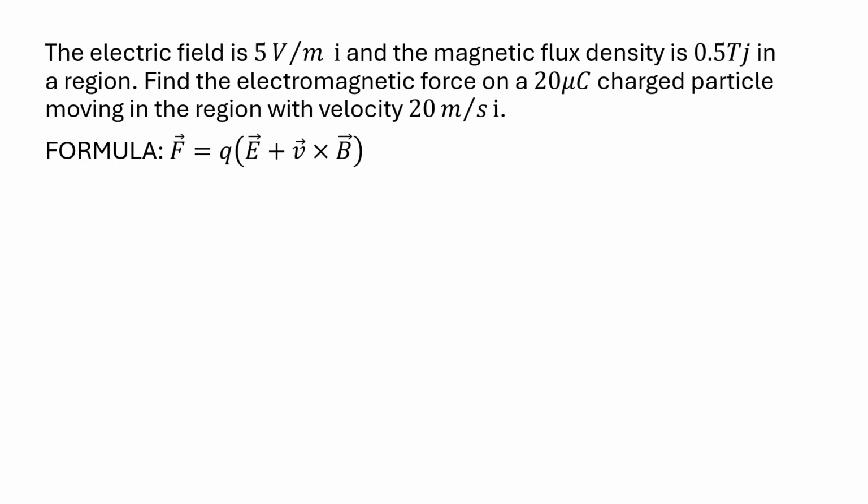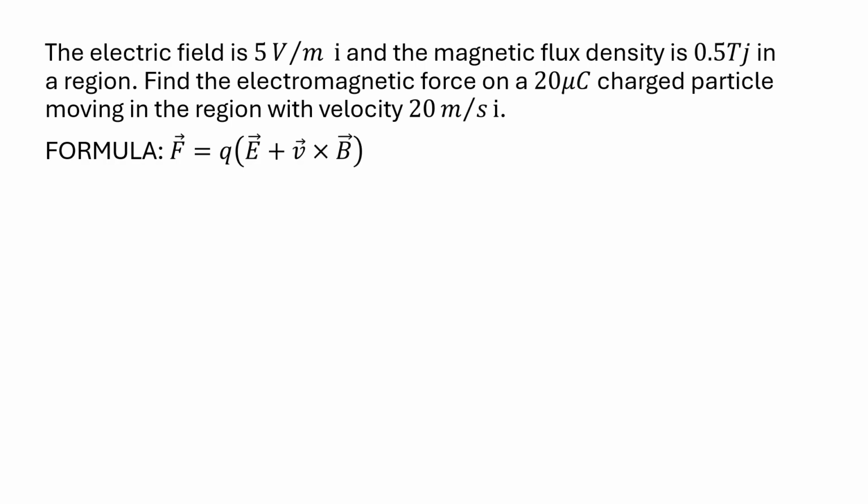Find the electromagnetic force on a 20 microcoulomb charged particle moving in the region with velocity 20 meters per second I. So we know the formula, the force will be equal to the charge times, in a bracket, the electric field plus the velocity cross the magnetic flux density. So here we are combining both the electric force and the magnetic force, giving us electromagnetic force.